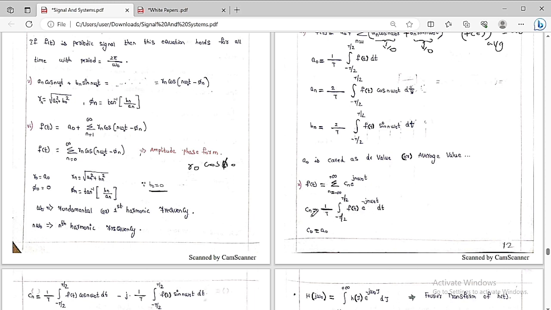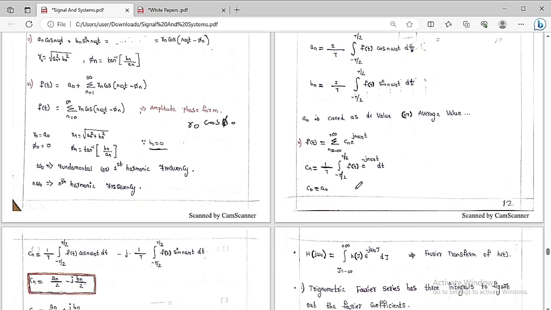Suppose you substitute n is equal to 0, then what are you going to get? The exponential value becomes 1. So the remaining thing is 1 by T integration over one time period of f of t dt, which is nothing but a naught. So that is the reason C naught is equal to a naught. And what is Cn? Just expand it. e to the power of j theta is cos theta plus j sin theta, where theta is equal to minus n omega naught t.